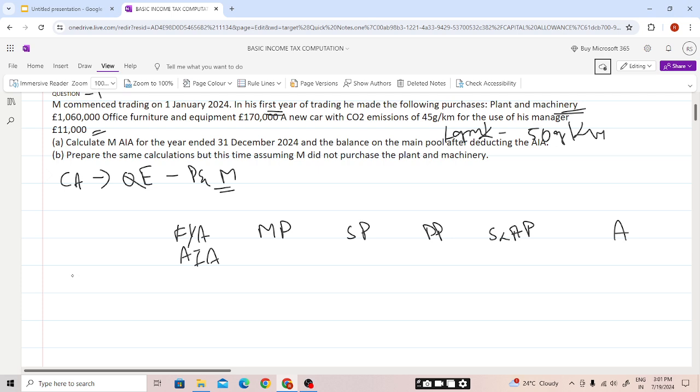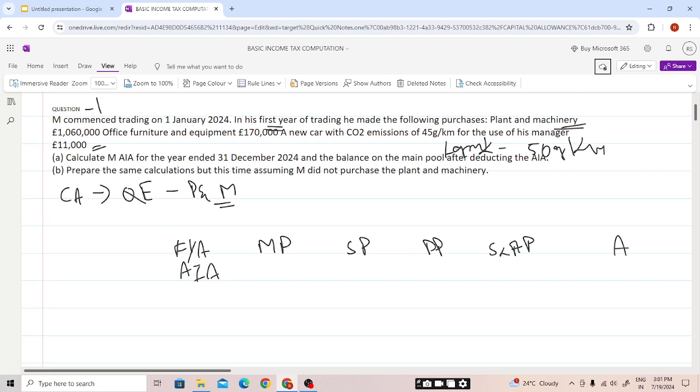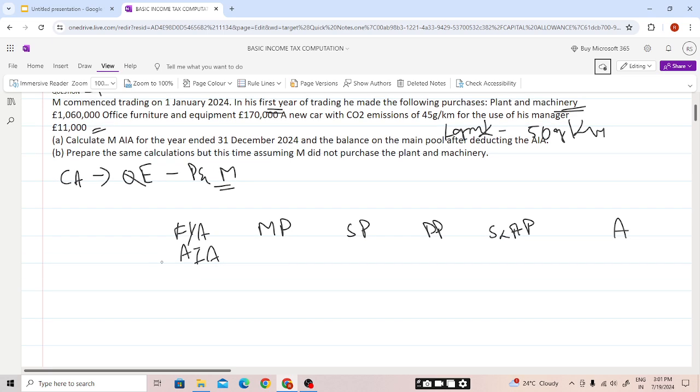After tax written down value, any additions we have purchased, plant and machinery, we need to see additions qualifying for FIA and AIA. So here students, will FIA additions be available or not? It will not be available, because students, FIA is only available on new zero CO2 emission cars.